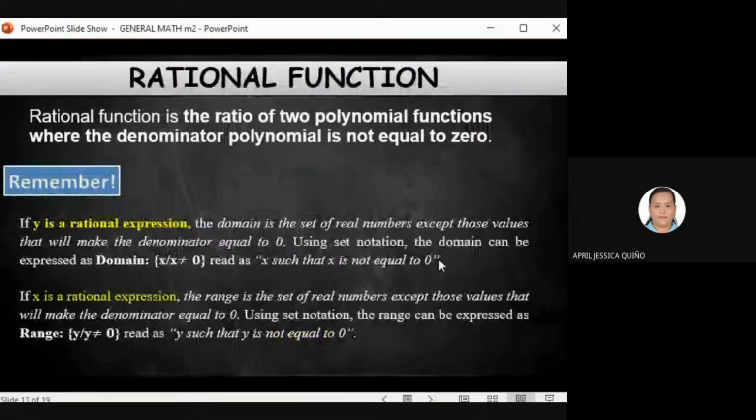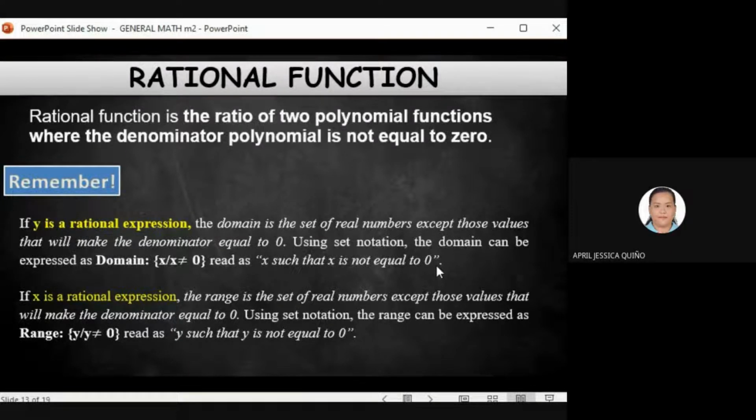Now, let's move forward to rational function. Paano naman nag-work ang rational function? Rational function is the ratio of two polynomial functions where the denominator polynomial is not equal to 0. Dito, ang tatandaan nyo lang, dapat hindi mag-equal to 0 ang inyong denominator.